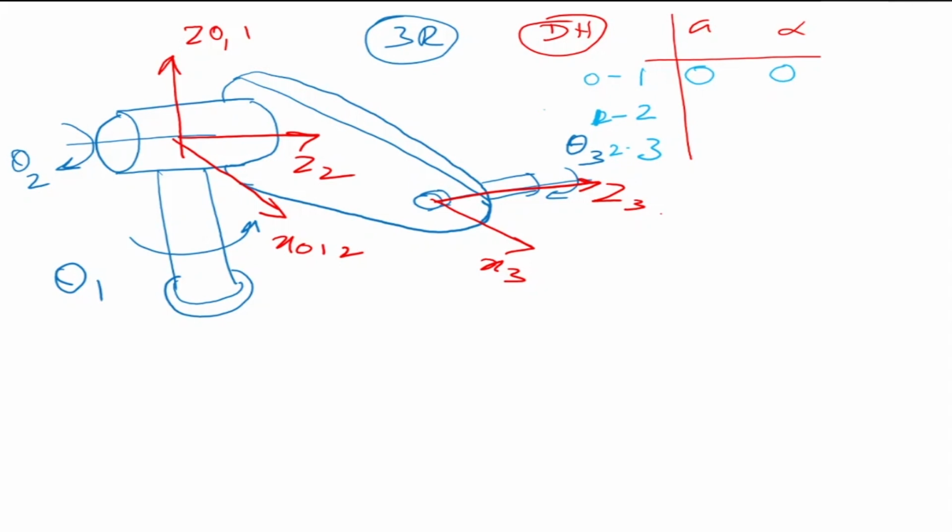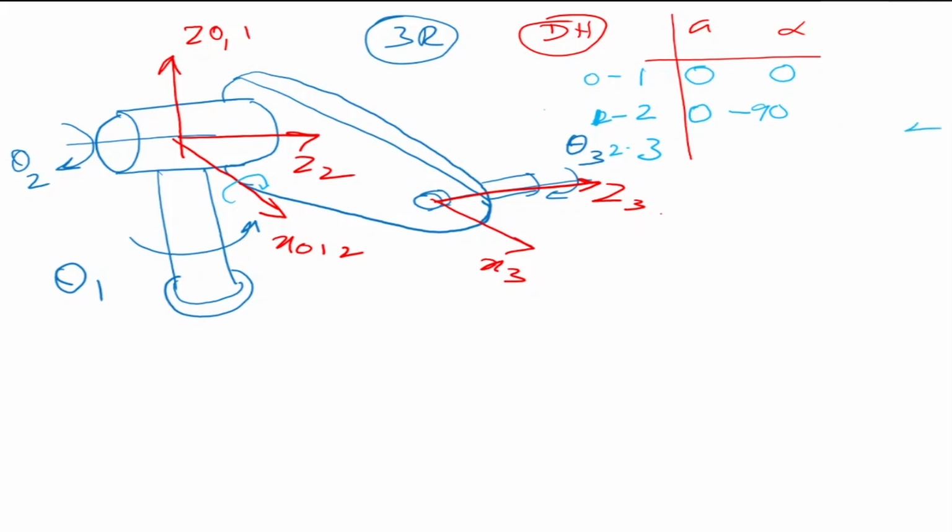For the second one, they are rotated. There is no distance between the z axes because they are intersecting at the origin. Alpha is minus 90, so there is a rotation clockwise like this about the x-axis. Distance is not there because the origins are intersecting. Theta is equal to θ2.